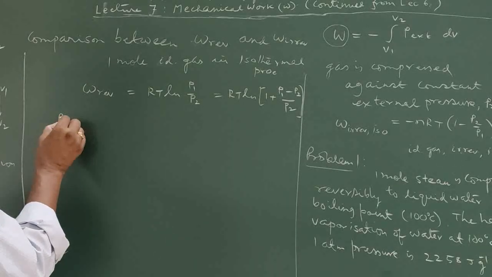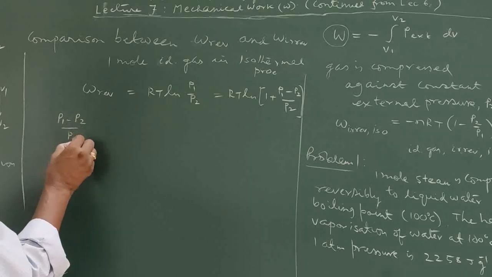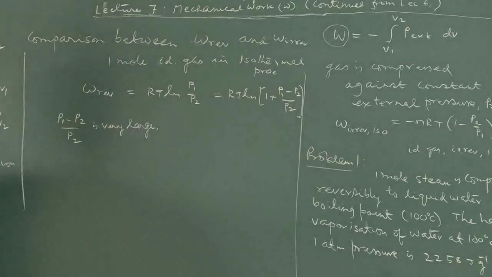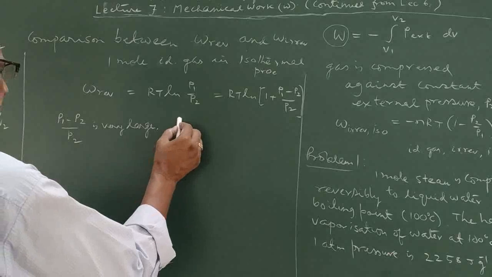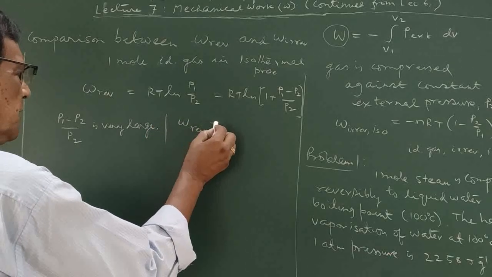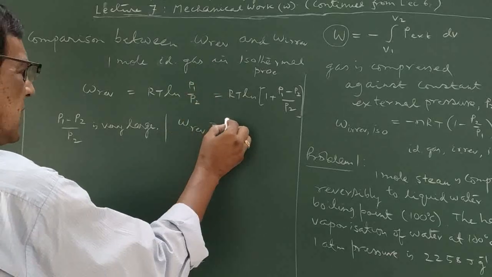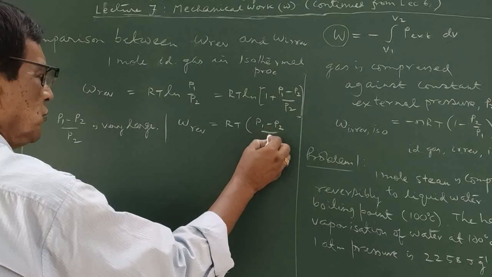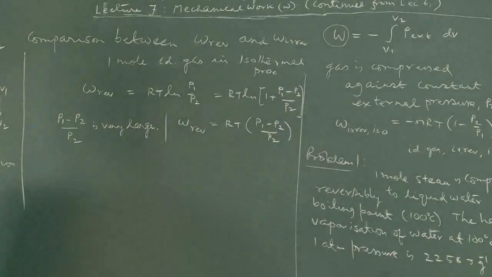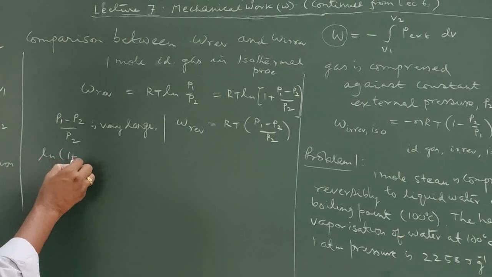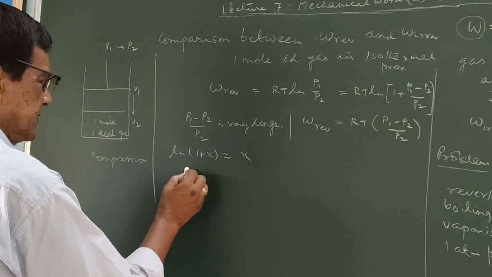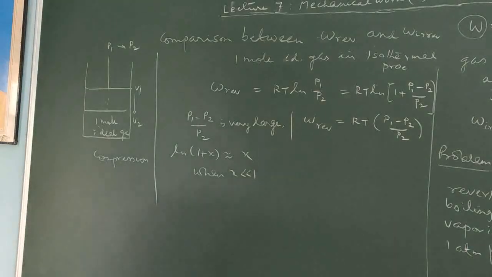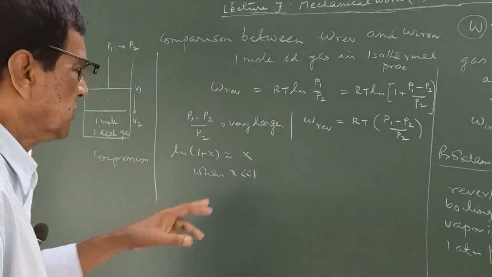So if P1 minus P2 divided by P2 is not very large, then it could be written as W reversible equal to RT, and it is an isothermal process, P1 minus P2 divided by P2, as ln 1 plus x is almost equal to x when x is much smaller than 1.